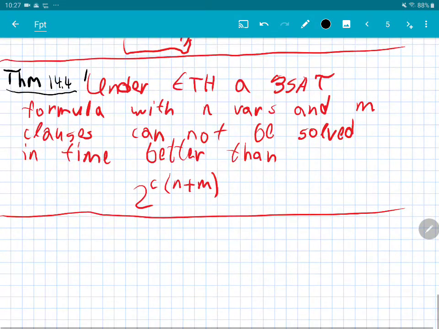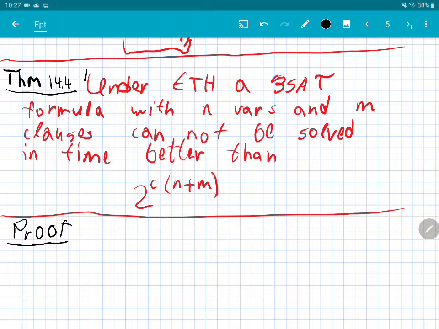Okay. To see why this theorem is correct, the proof is very simple. I'm not going to go into the low-level detail because it's not that interesting. But just to point out, the sparsification lemma didn't care about the number of clauses of the formula, right?